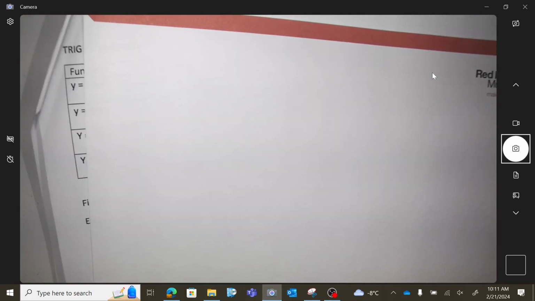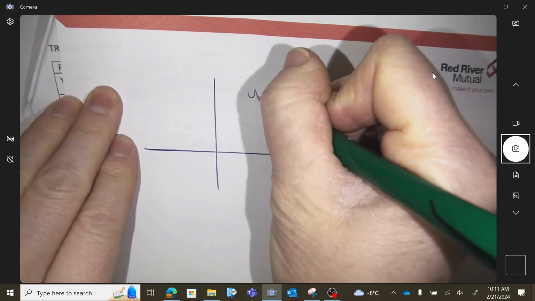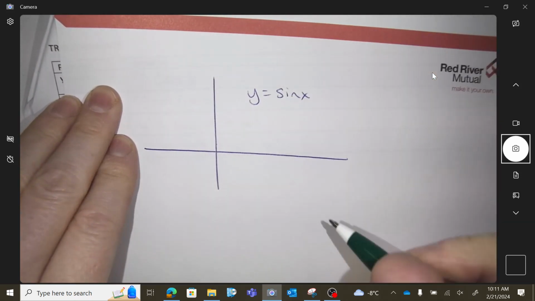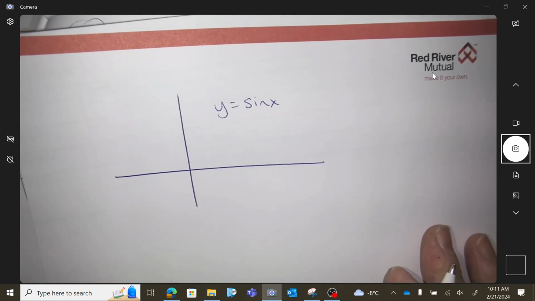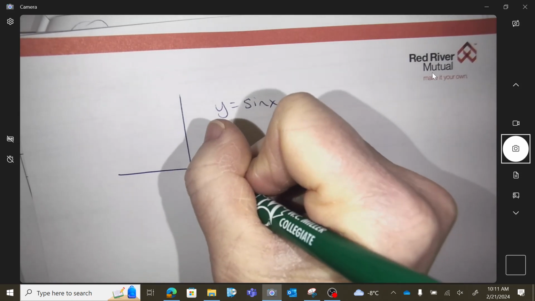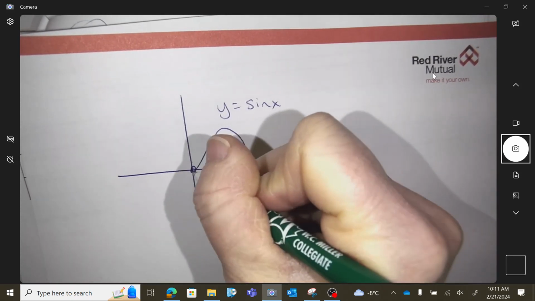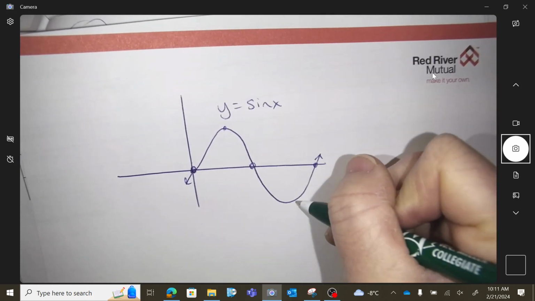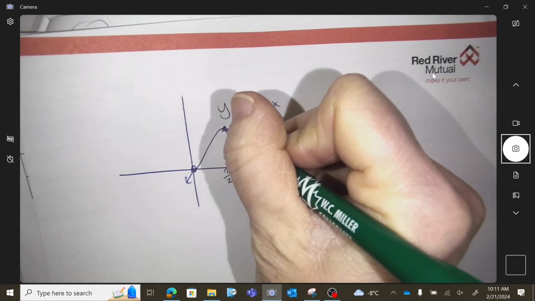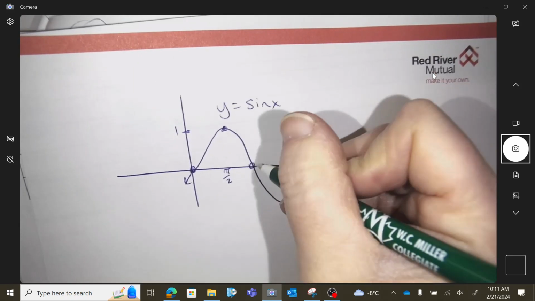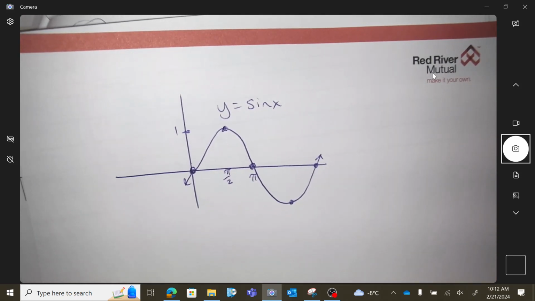Do you remember what sine and cos curves look like? Like a wave. Where does sine start? Do you remember where we always started it? Midline. So at 90 degrees, we're at 1, right? At 180, we're at 0, right?